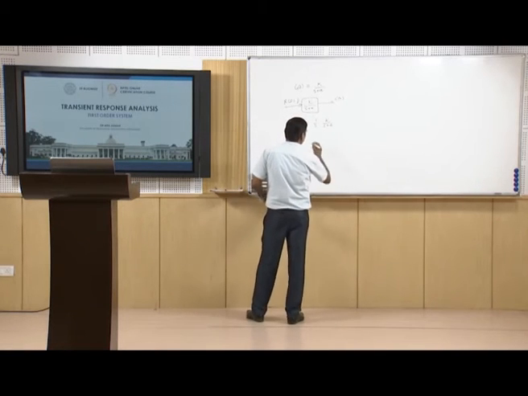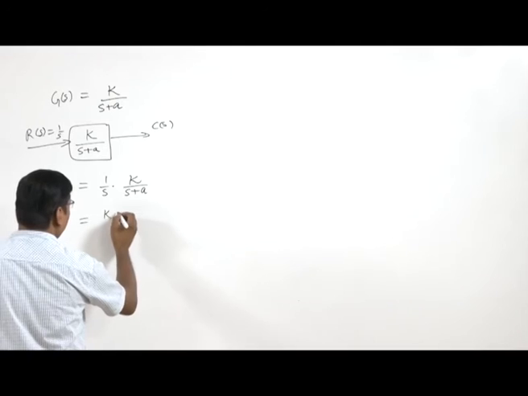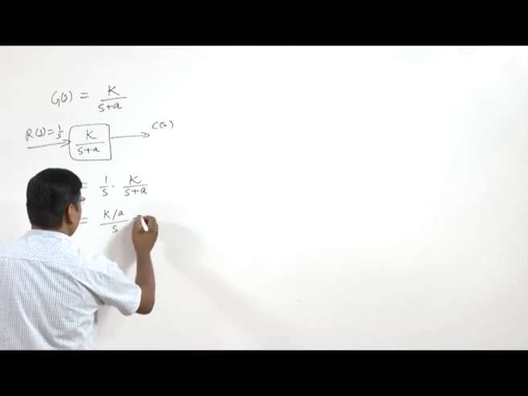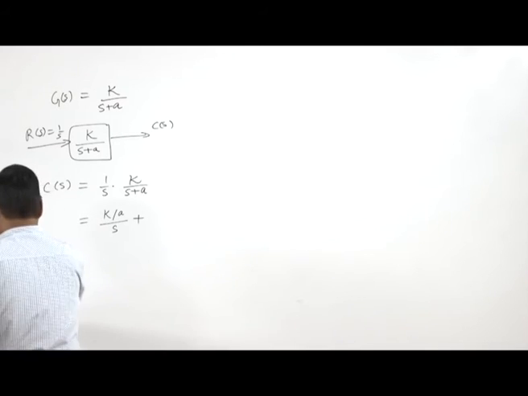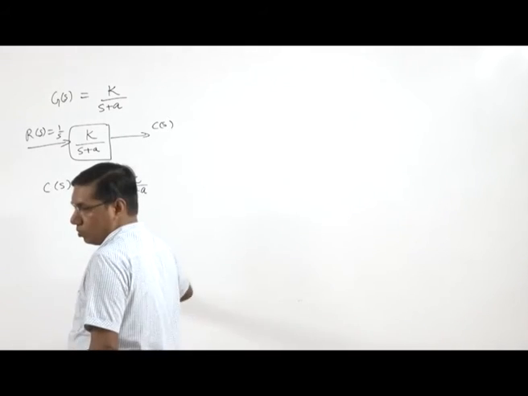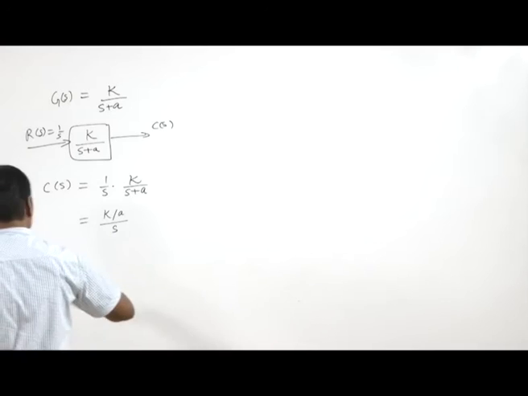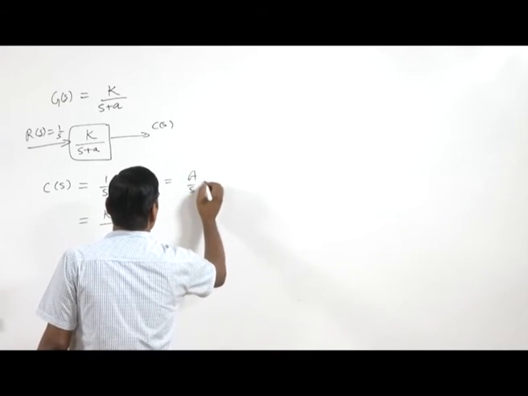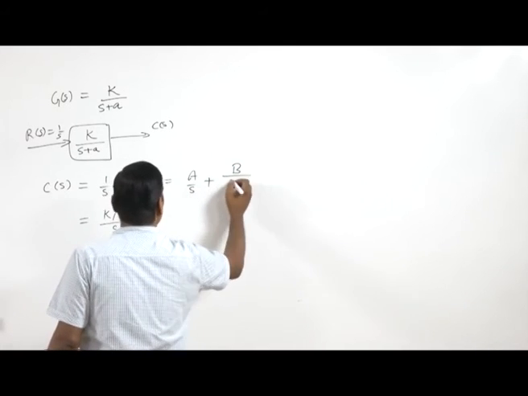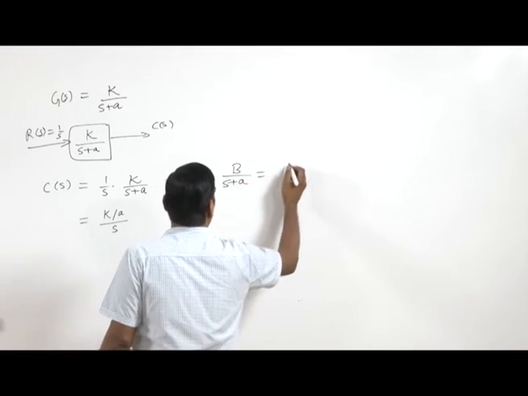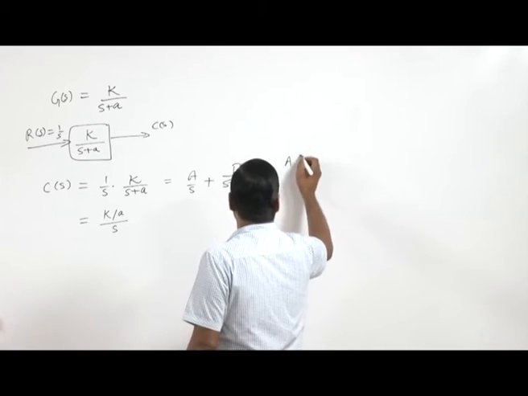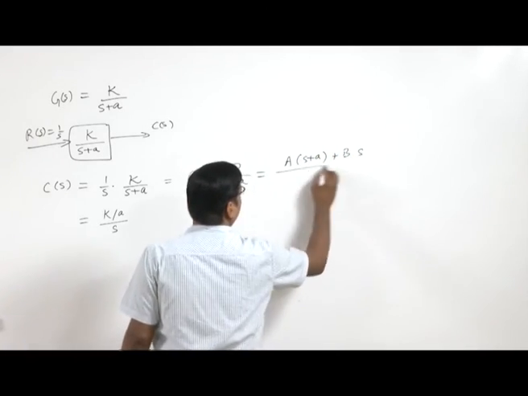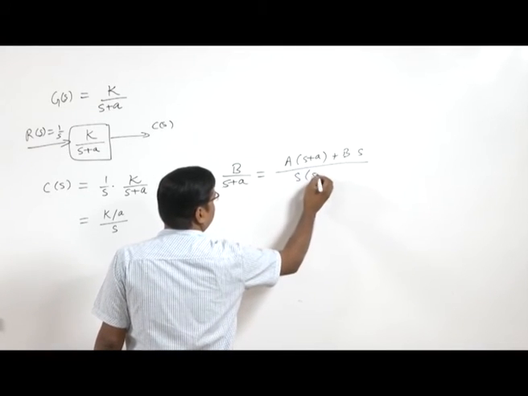So, this we can write as k by a upon s plus, so here we have A by s plus B by s plus a. So, we can write A(s plus a) plus Bs by s(s plus a).